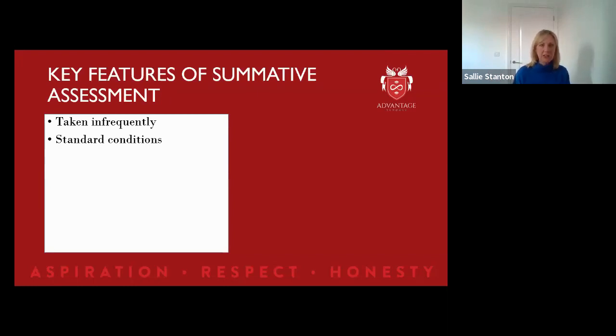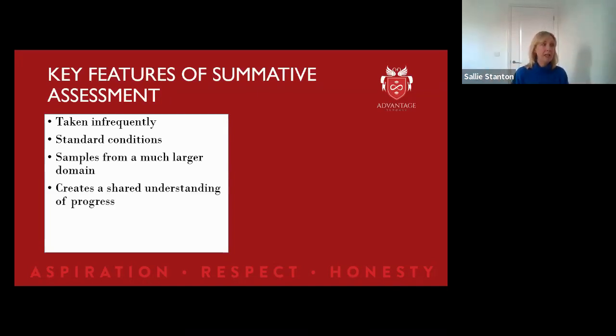So those standard conditions are there to enable you to compare performance. It should sample from a much larger domain. So we're thinking about the big picture and just picking out some samples that we can make inferences from.